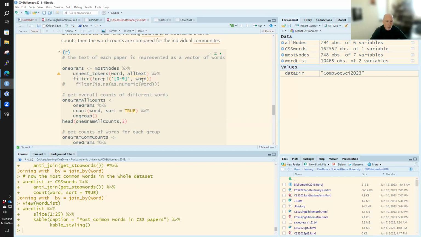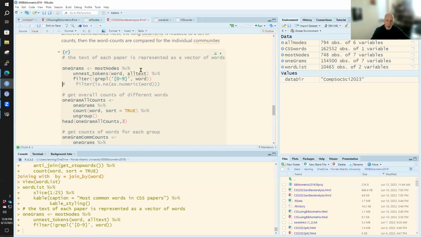So we're going to work with most nodes, and we're going to get rid of numbers because we want to focus on words. And now we have 154,000 words. And we're going to present them as 1-grams as opposed to bigrams or trigrams or 4-grams, a 1-word string, a so-called bag of words.